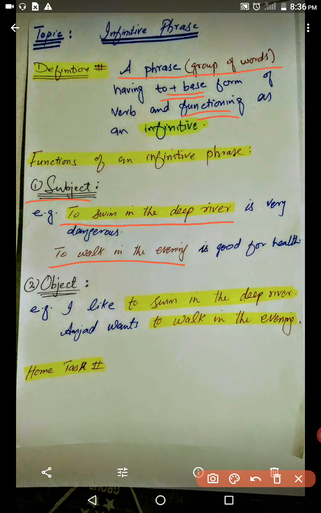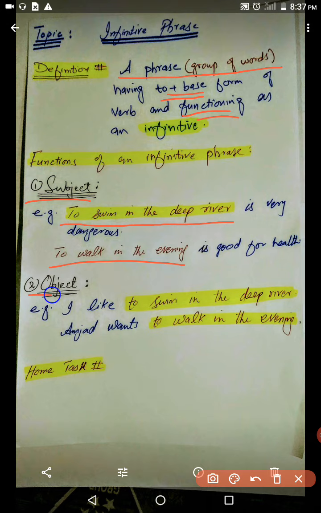What is good for health? To walk in the evening is good for health. And very interestingly, you can put one word here as a noun, like you say exercise is good for health, and exercise is a noun. So here this to walk in the evening functions as a noun.